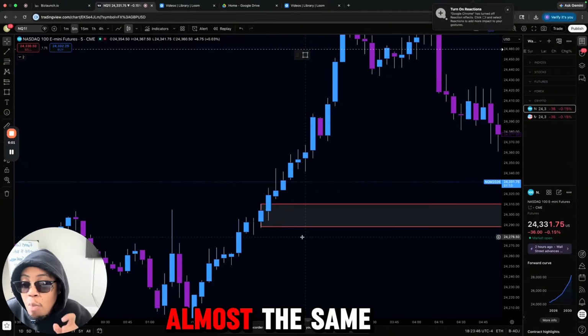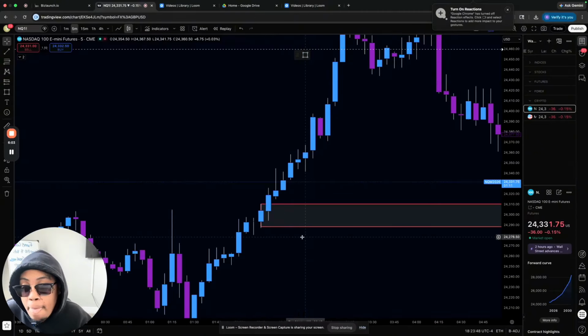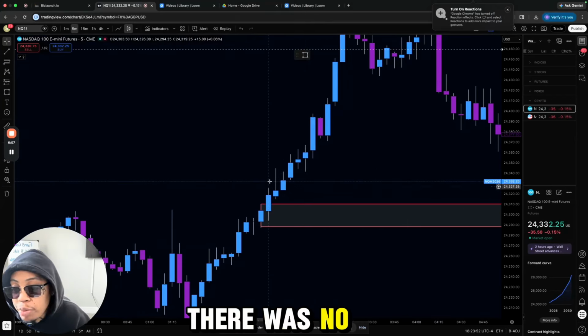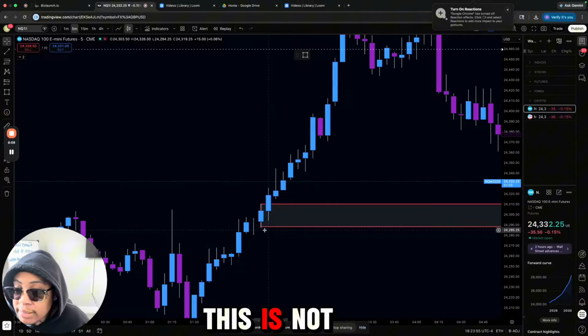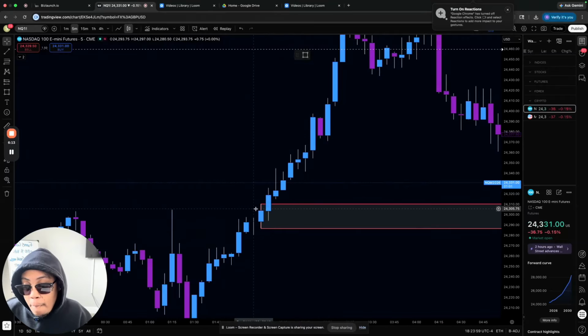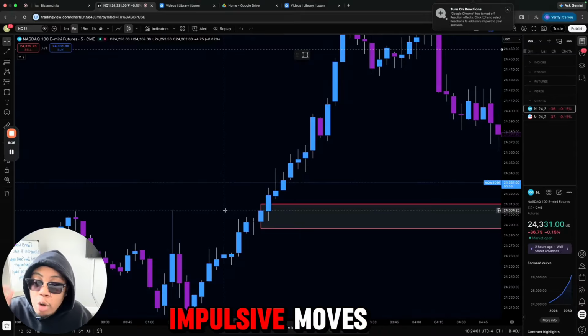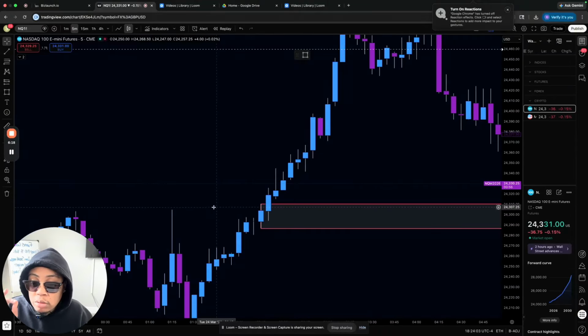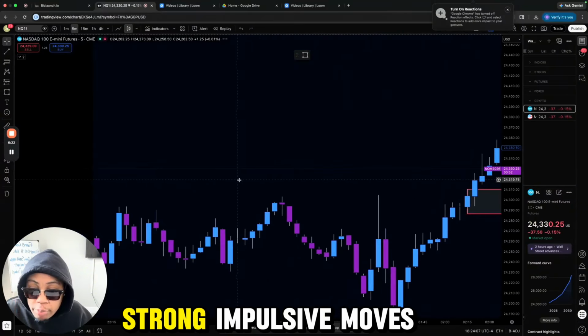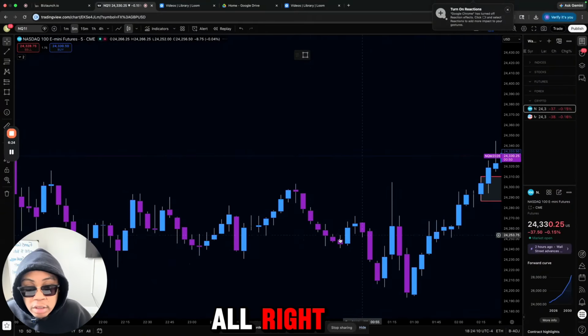The candles are almost the same size. There was no big push. There was no big momentum. There was no big shift. This is not a demand zone. We want strong, impulsive moves. That's it, y'all. Strong, impulsive moves. All right?